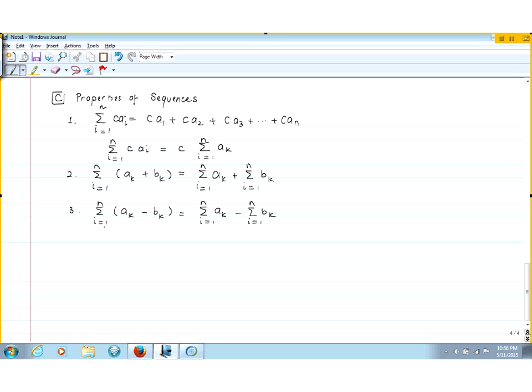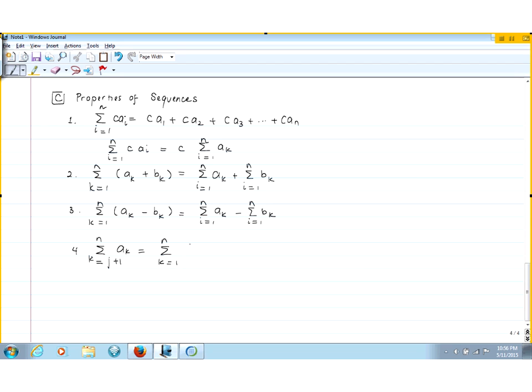And also, what if the summation index doesn't start at 1? For example, K is equal to J plus 1 through N of AK.